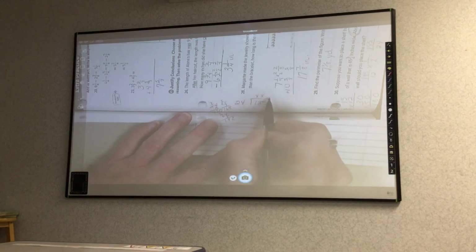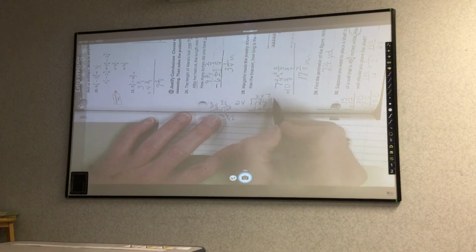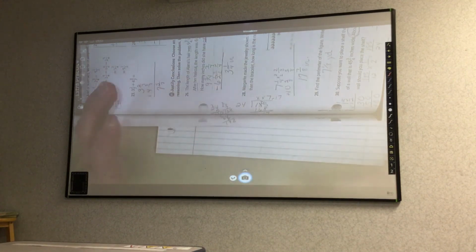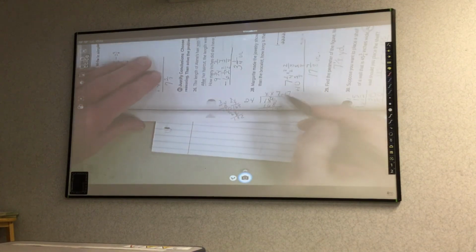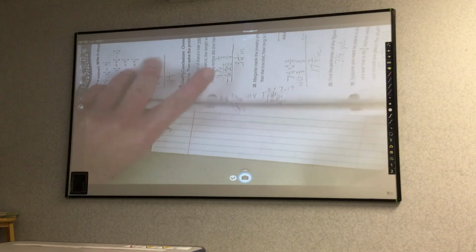Too many. So it goes in 7 times, which is 168. So I'm left with 17. So it would be 7 remainder 17, which is close to 8. Or I could even go further and make it a decimal and continue with my decimal.